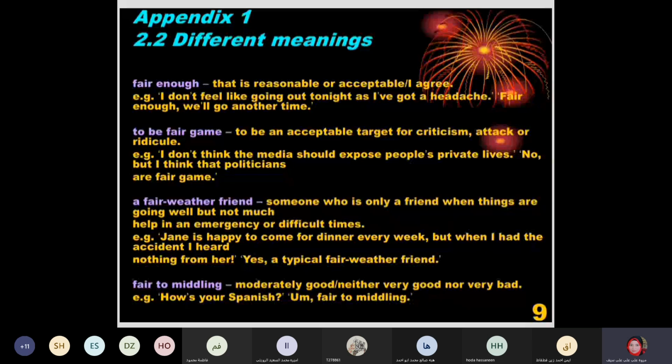But if you don't have the context and you don't have sentences to clarify the meaning, how would you understand the meaning? What would you do if you don't have a situation? Use the dictionary. That's it, Mrs. Amira. Yeah, that's what I'm trying to tell you. Sometimes you can guess the meaning through context.